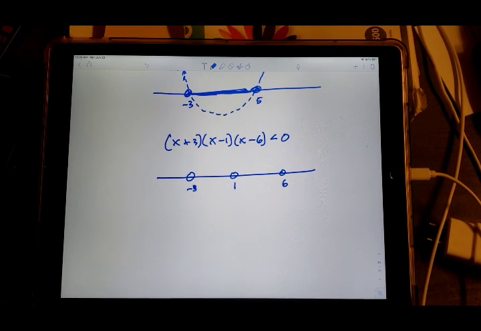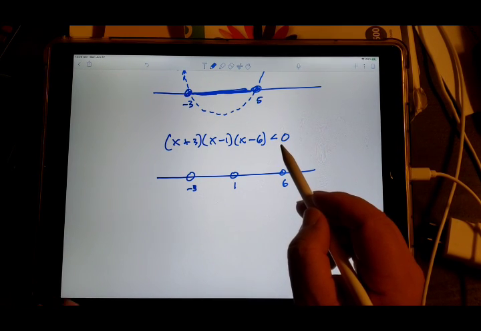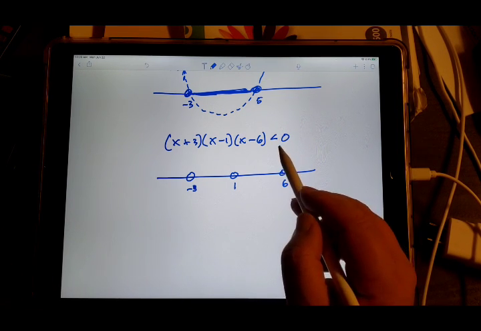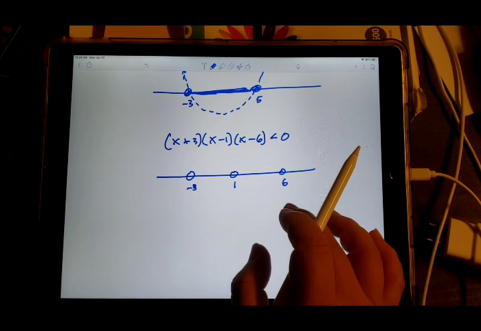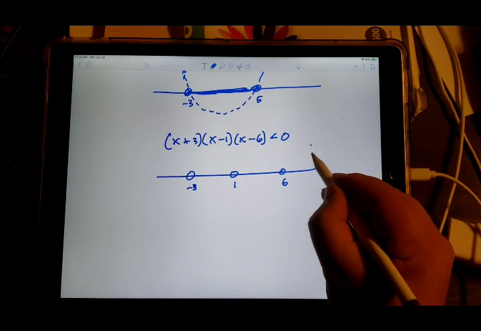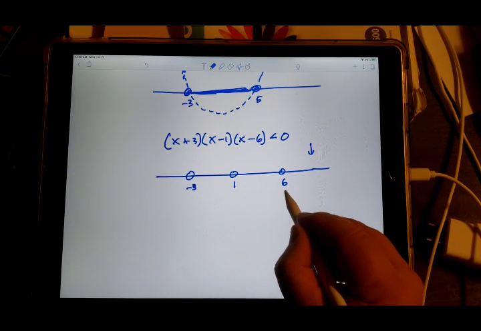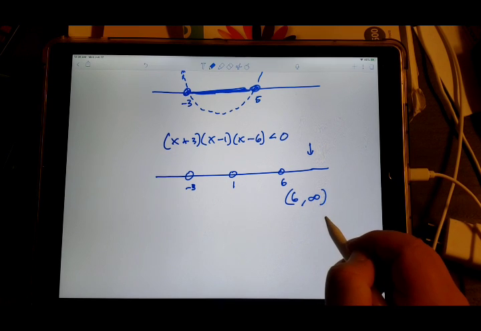All right, so the question is, when is this less than 0? It will be more than one interval. By the way, I'm previewing a topic that gets touched on in chapter 5, but I think now's a good time to do it. I found my critical points, and I'm going to test a point in each interval. This interval is from 6 to infinity.